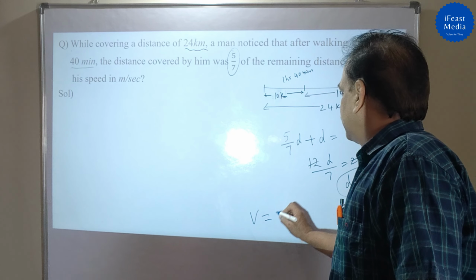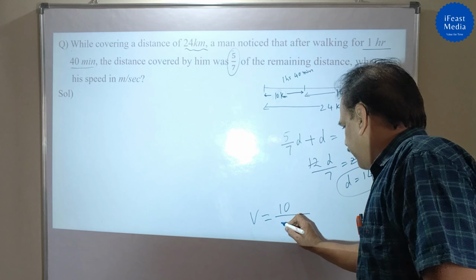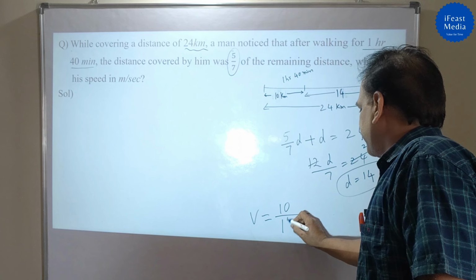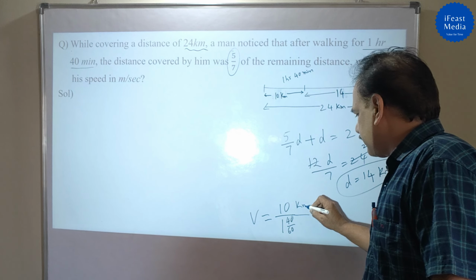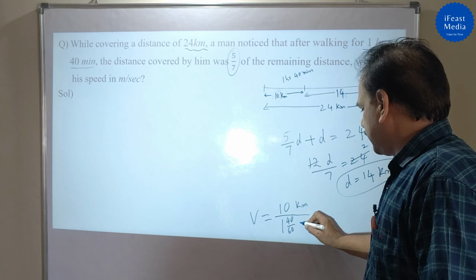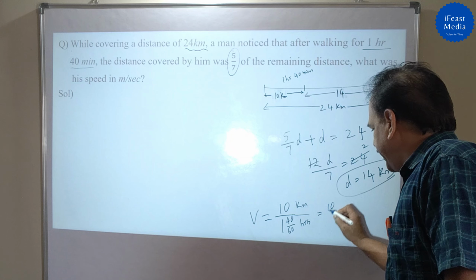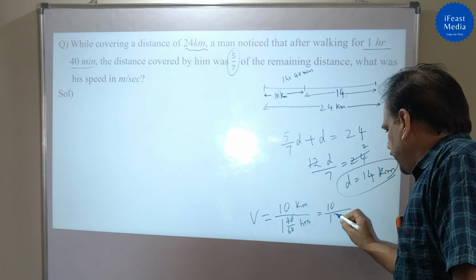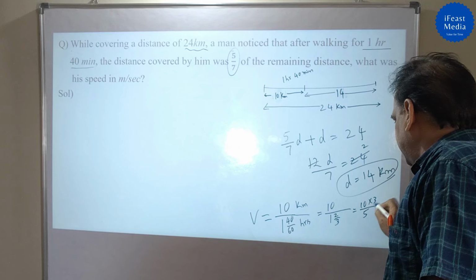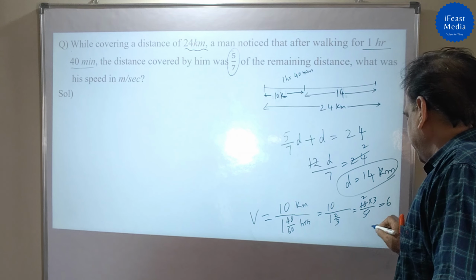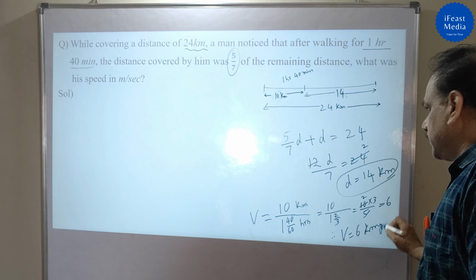His speed is 10 kilometers covered in 1 hour 40 minutes. 1 hour 40 minutes is 1 and 40 by 60 in mixed fraction, right? 10 kilometers by time, which is 10 by 1, 2 by 3, which is 5 by 3. 10 by 5 by 3 is 6 kmph. Therefore, v equals 6 kmph.